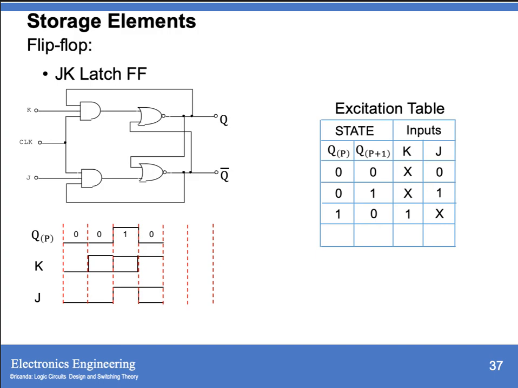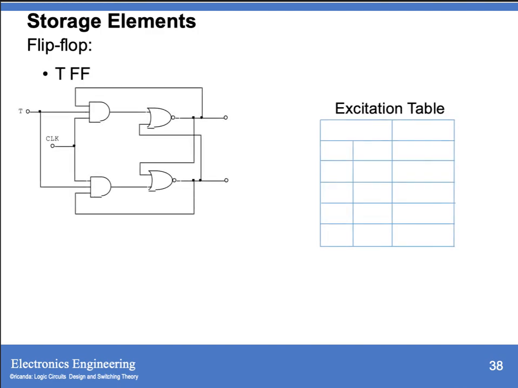Remember that your previous output is 1. If we toggle, because your inputs are both 1, then it will become 0. Then from 1 going to 1, so your K must be 0 and your J must be equals to 1. Or it must be also equals to 0, because 0, 0, that is no change.